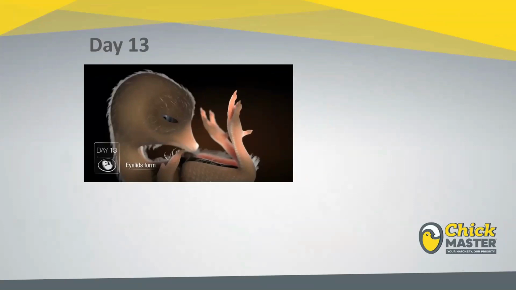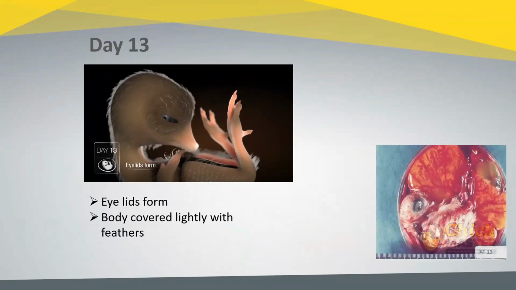Now we're getting into more towards the beginning portion of where we begin to identify more of a late stage type embryo. So we're nearing the end of what's classed generally as mid dead, but more into starting late deads. You'll see that eyelids form, and then the body's covered lightly with feathers.